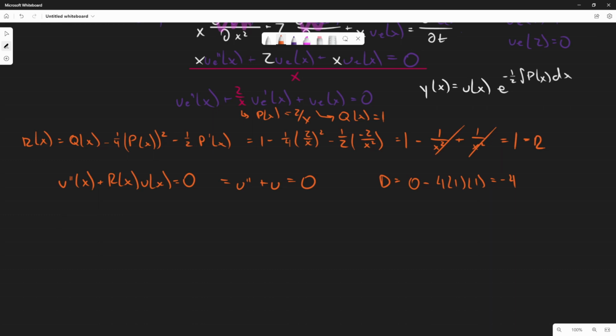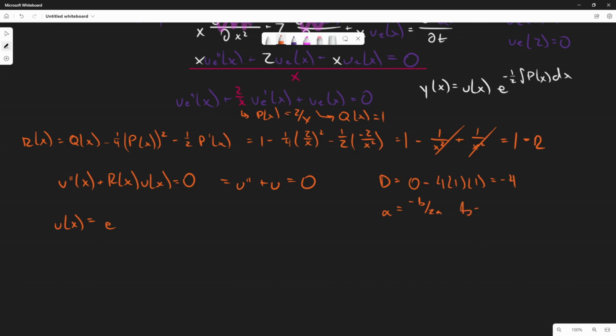Therefore our solution u of x is going to be equal to c1 cosine of alpha, where alpha is equal to negative b over 2a.